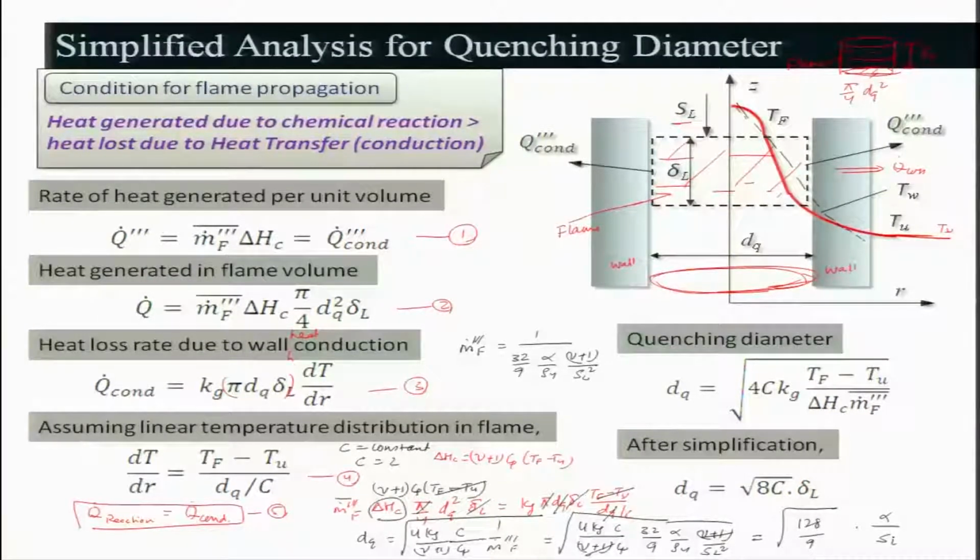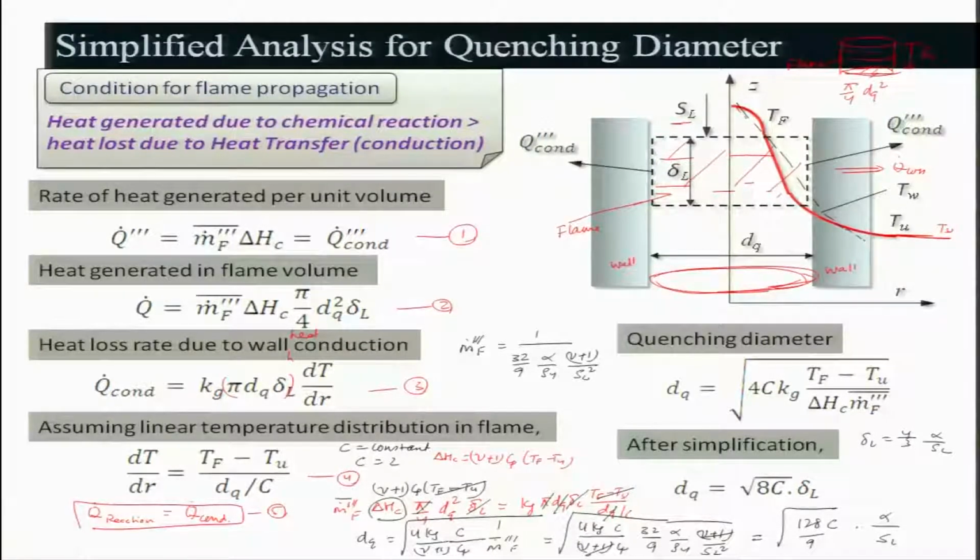But we know, what is your delta L? Delta L, the flame thickness, is nothing but your 3 by 4 by 3 alpha by SL. C should come, okay, 128 by C, right.